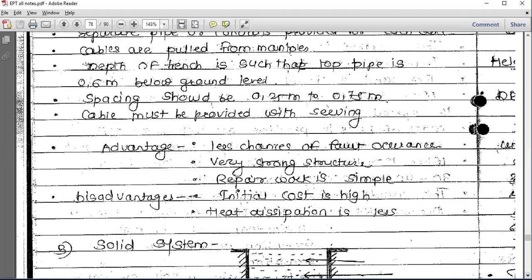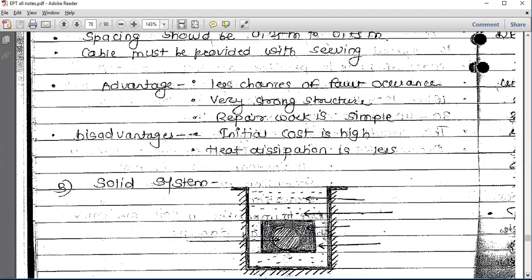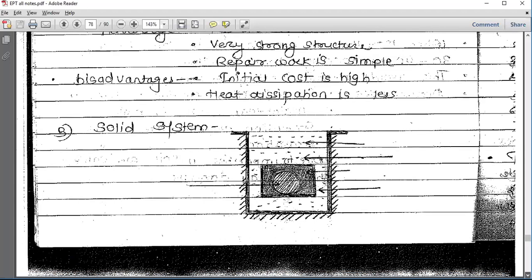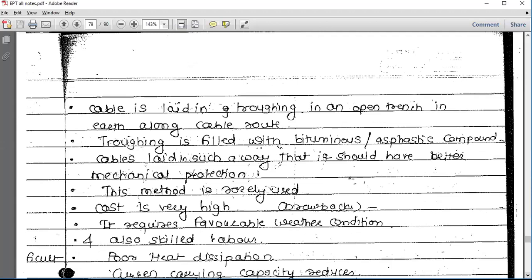Then the third type of method is the solid system. So this is a simple diagram for the solid system. In this system, the cable is laid in a trough, that is, one trench will be provided along the earth.